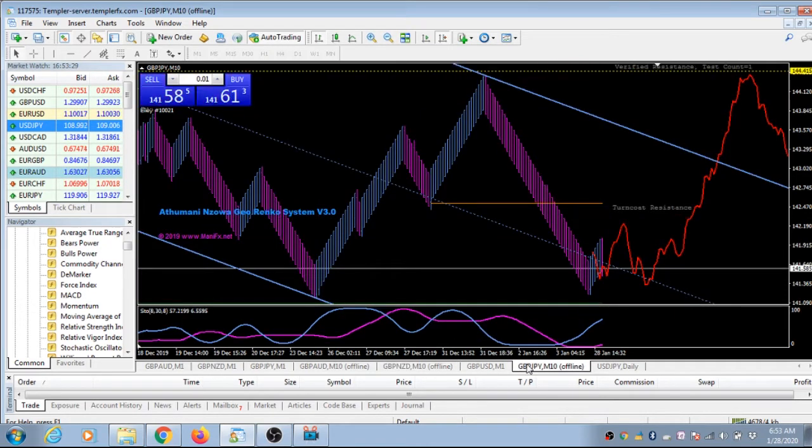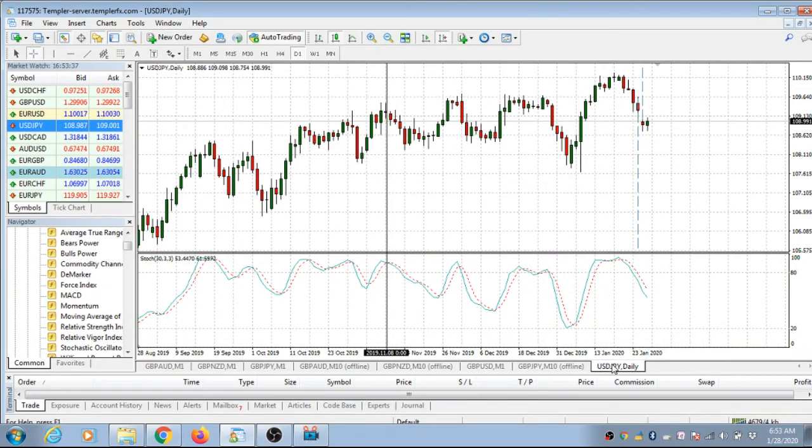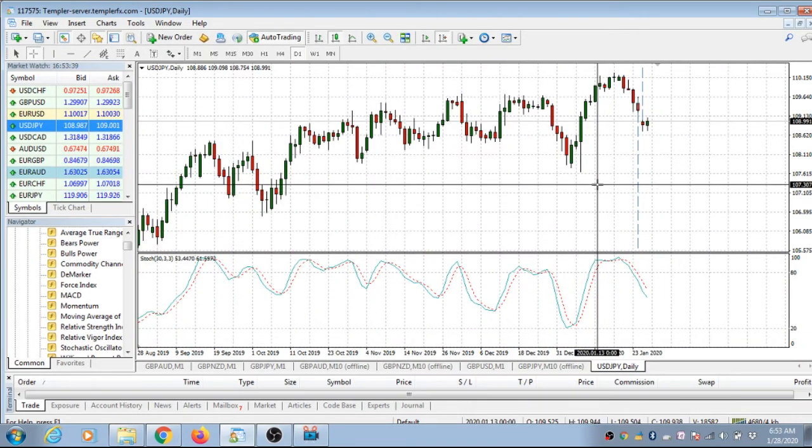When I was going through the standard Renko, of course I found some drawbacks, especially when there was a consolidation of the market, because it was a bit difficult for me to know whether the next move is going to go up or down.